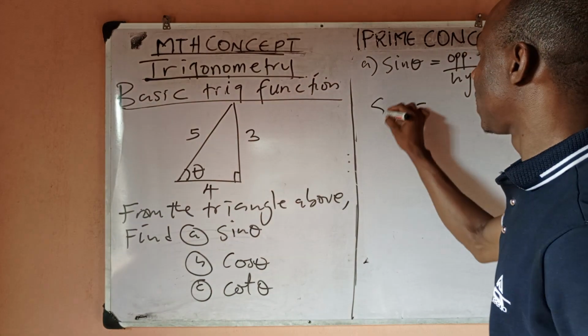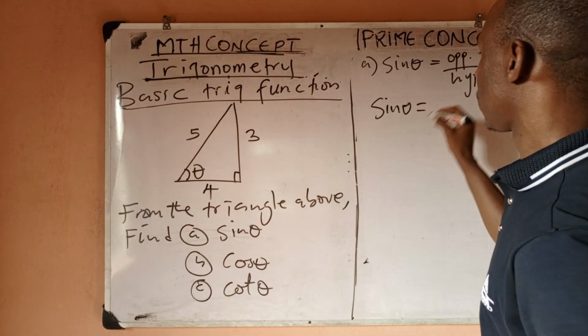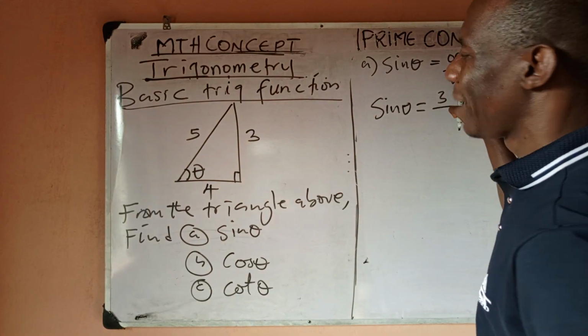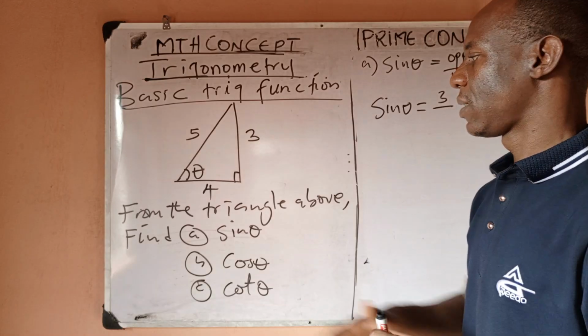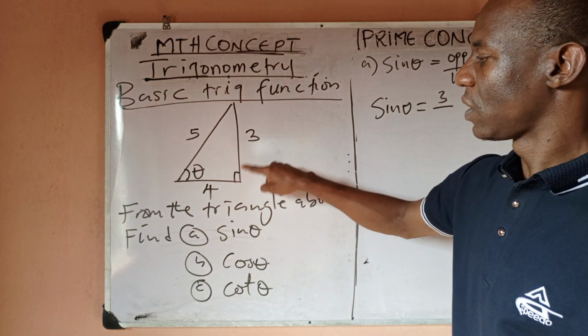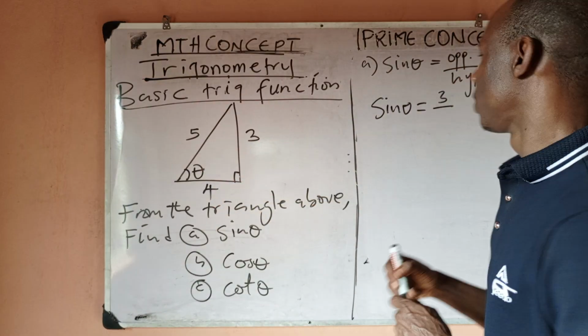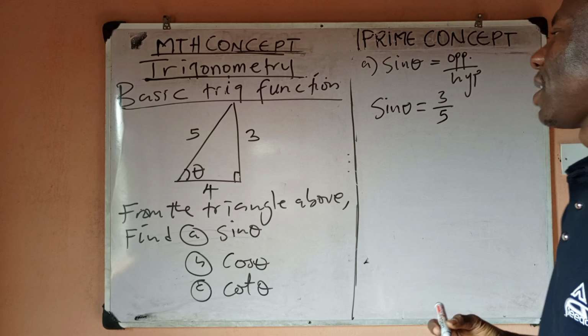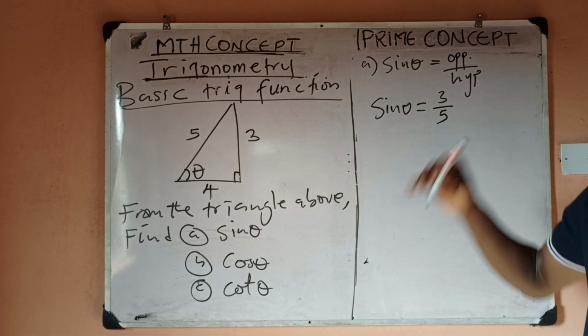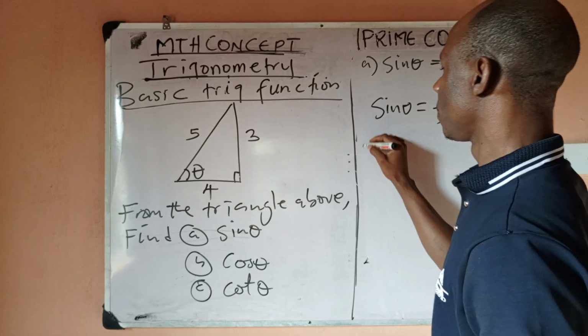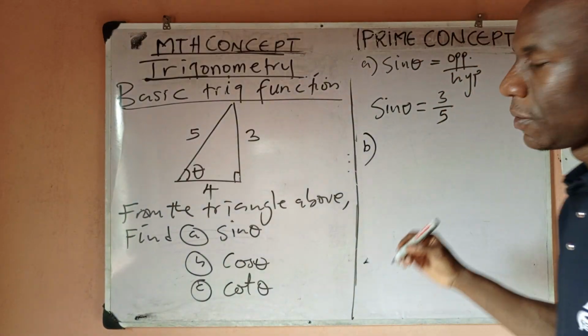So I would say that sine theta is going to be 3 over the hypotenuse. The hypotenuse is usually the side that faces 90 degrees. So if this is opposite, the side facing 90 is 5. So I would say divided by 5. So it means that sine theta is 3 over 5. Very simple.